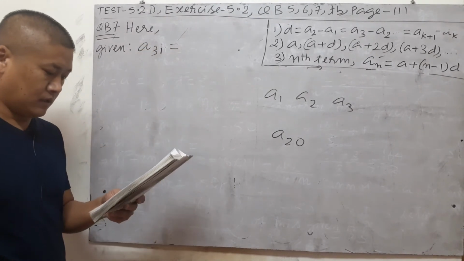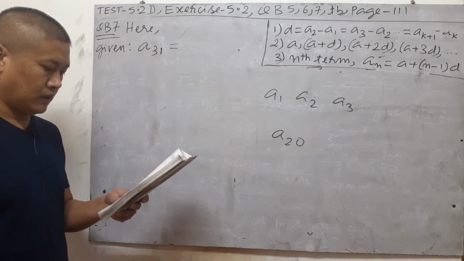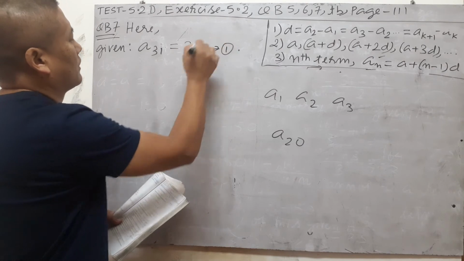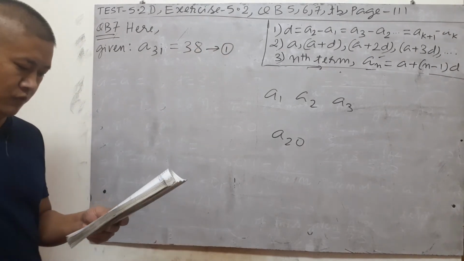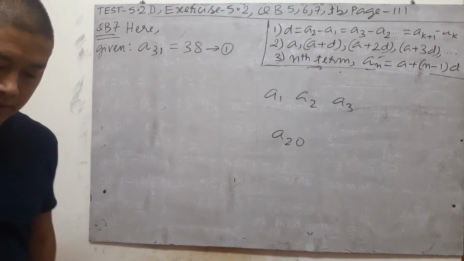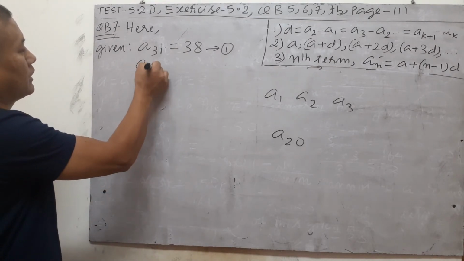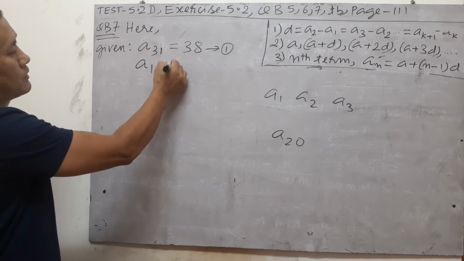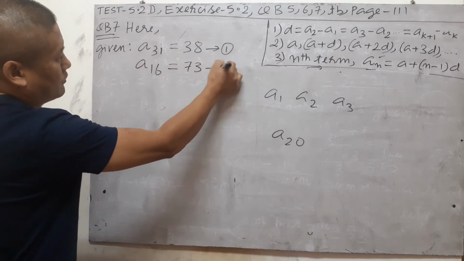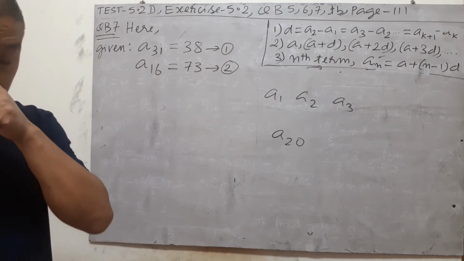The question is saying A11 is equal to 38. So let us put this as equation number 1. Then one more piece of information: the 16th term is 73. 16th term means A16, by the same logic, is 73, equation number 2. So we have these two pieces of information only.